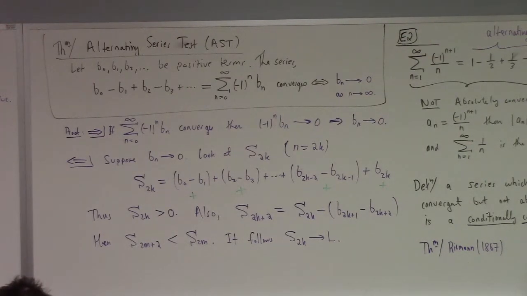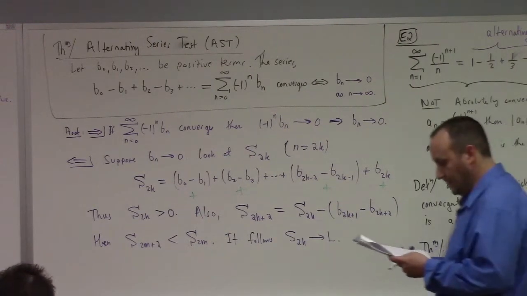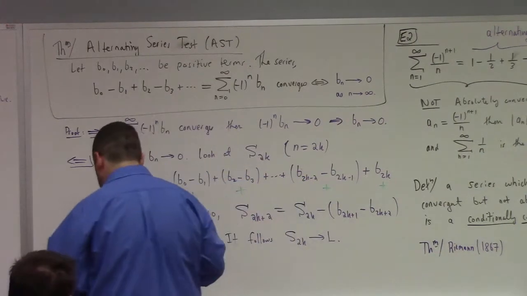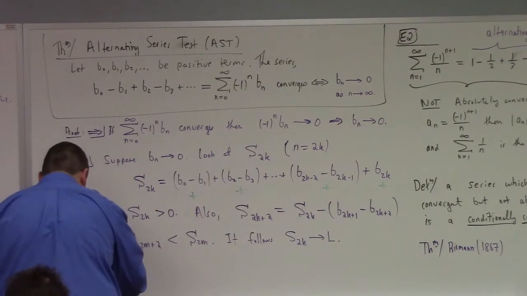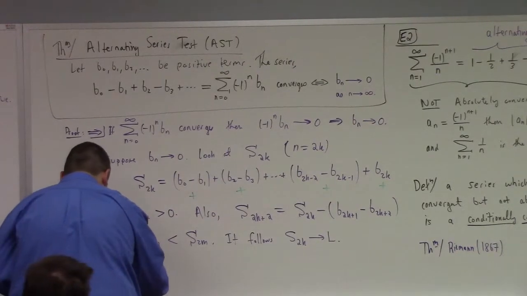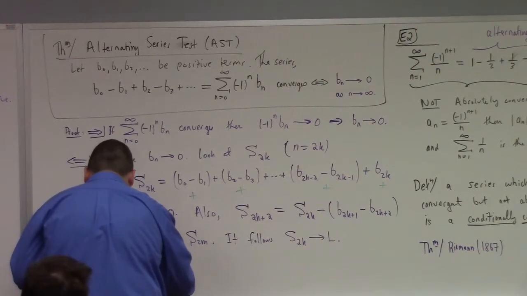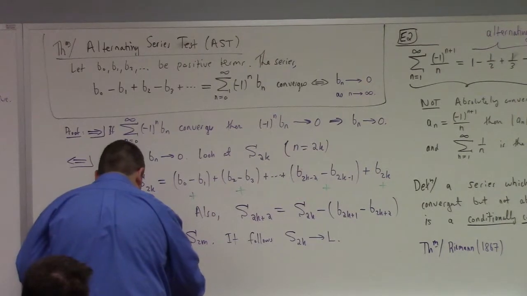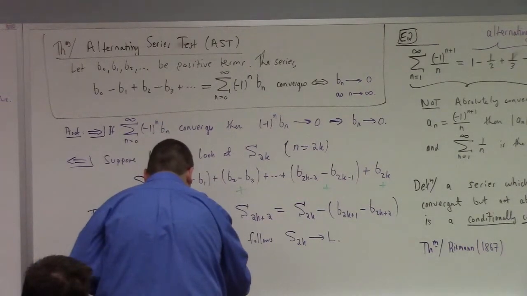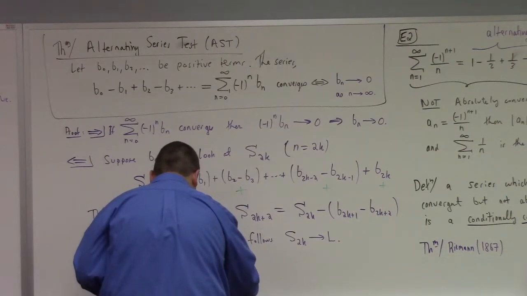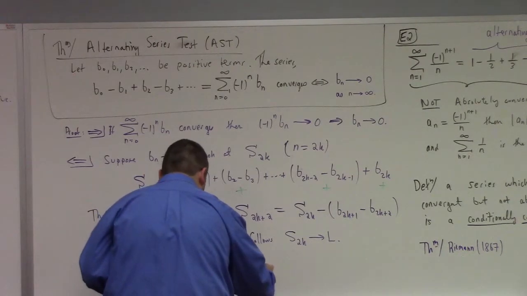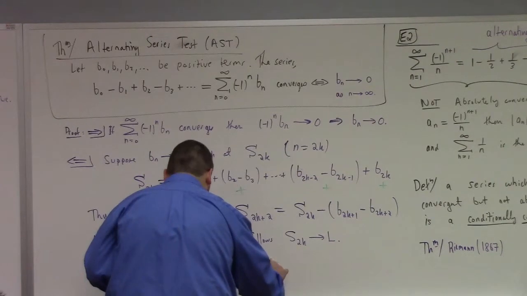All right. How about the odd partial sum? We're almost done here. S sub 2m plus 1 is equal to S sub 2m minus b sub 2m plus 1, right?